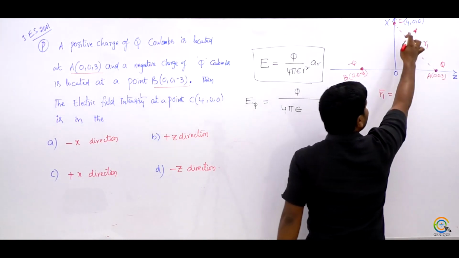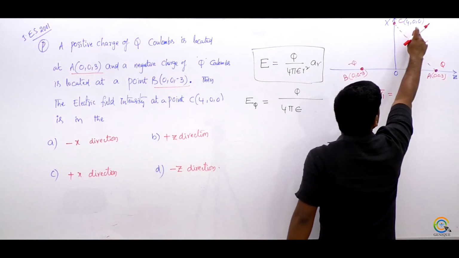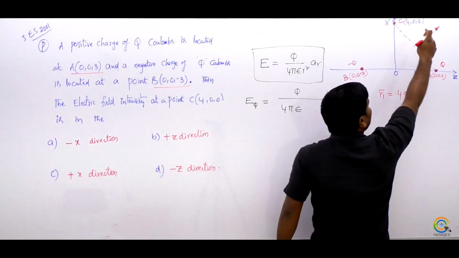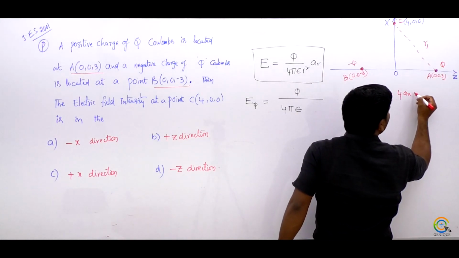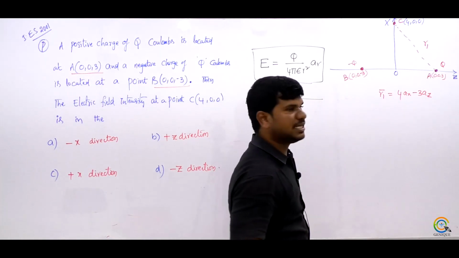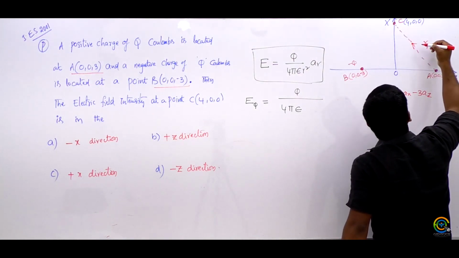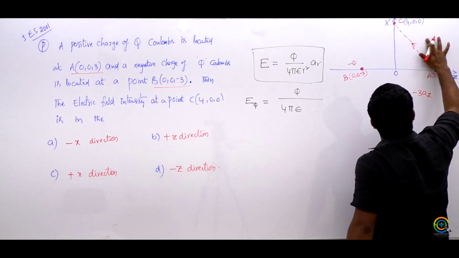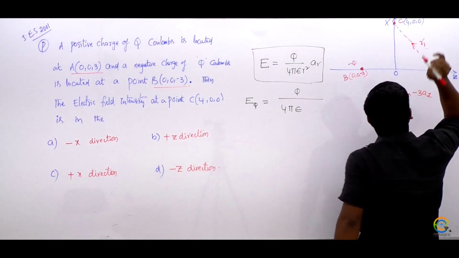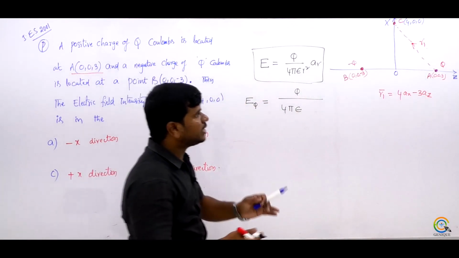What is final minus initial? 4 minus 0, AX; 0 minus 0, 0; 0 minus 3, minus 3 AZ. So R1 is 4 AX minus 3 AZ. We have to find AR1. Understand? It is the vector.